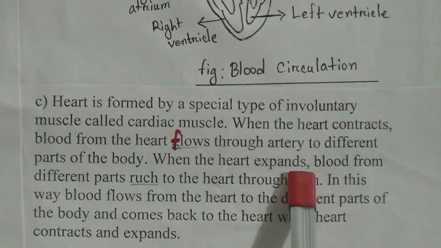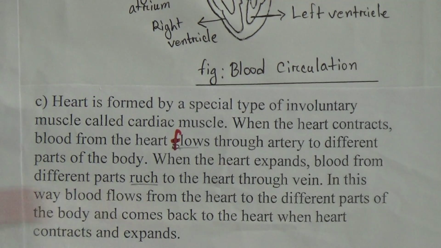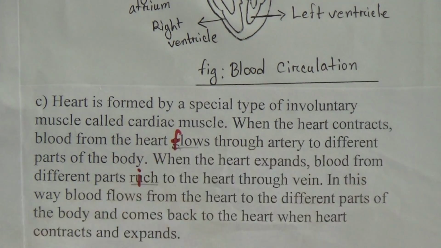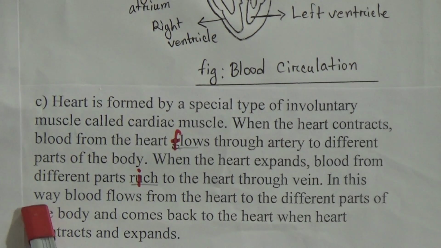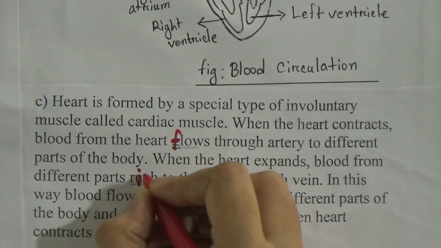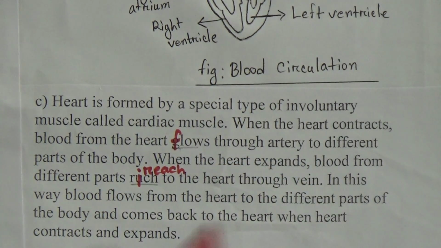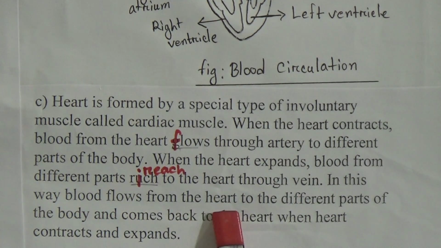When the heart expands, blood from different parts reaches the heart through veins. In this way, blood flows from the heart to the different parts of the body and comes back to the heart when the heart contracts and expands.